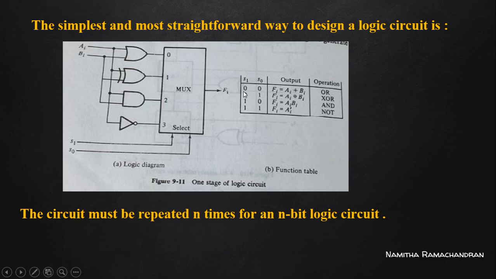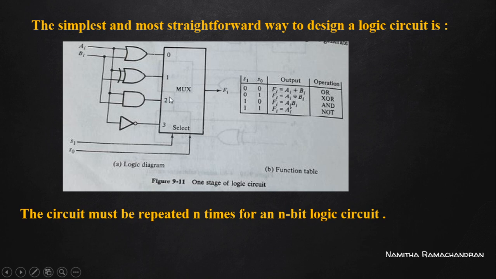The selection lines are represented as S1 and S0. With value 0, 0, this circuit performs the OR operation. That means the multiplexer selects the logical OR operation as the output. With value 0, 1 for the selection lines, it performs the XOR operation.